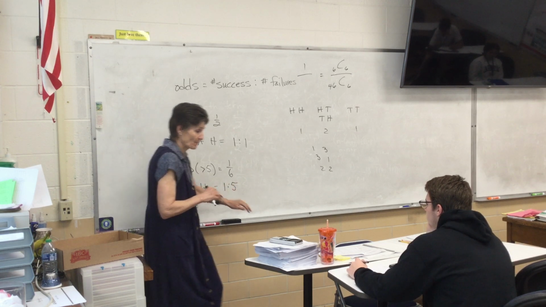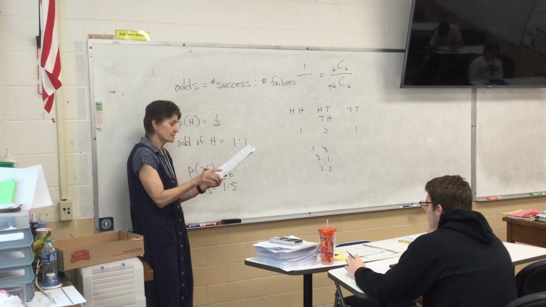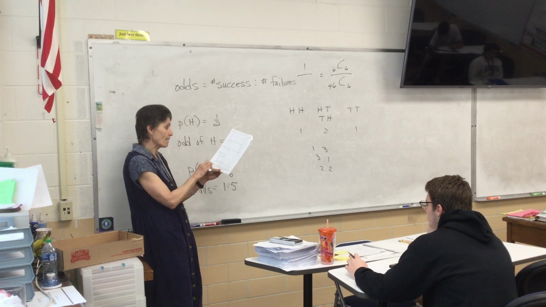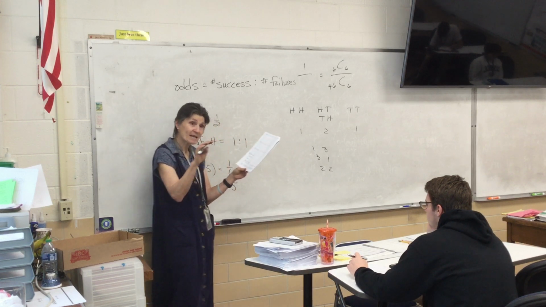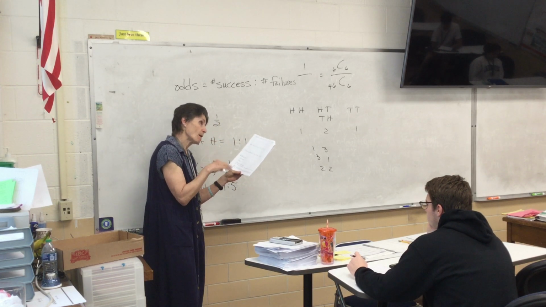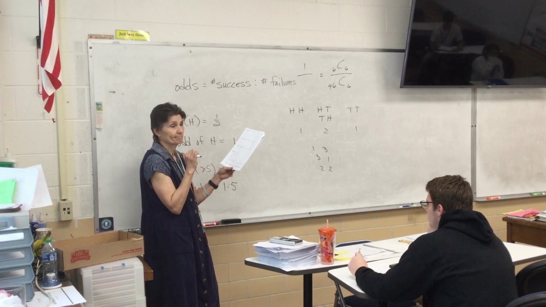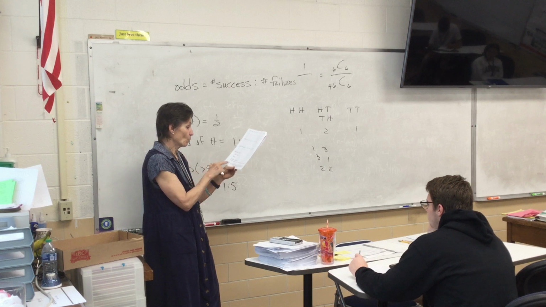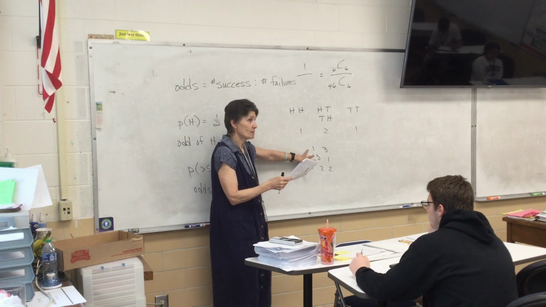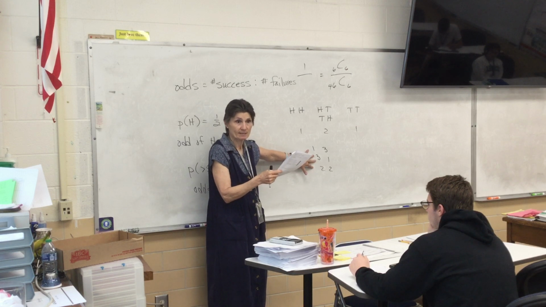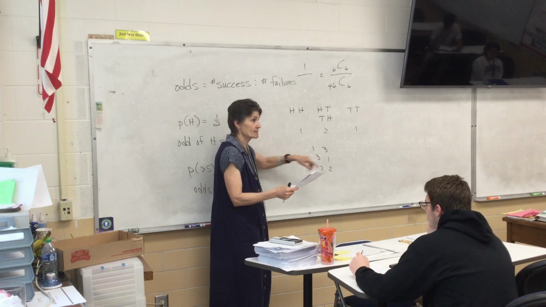Okay? All right. A probability distribution is just like a chart. It's a chart that shows all of the outcomes and the probability of each outcome. So if I roll 2 dice, the probability of getting a 4 is 3 out of 36. It says that in the chart.